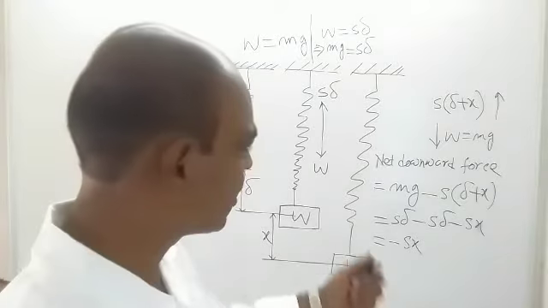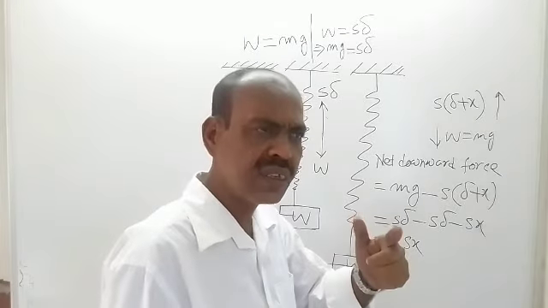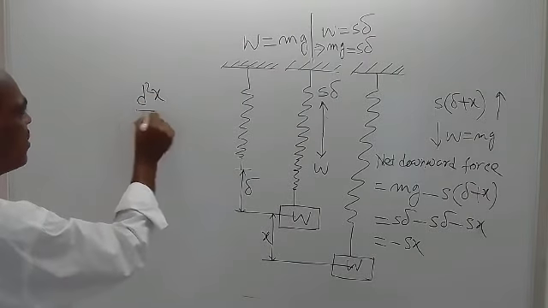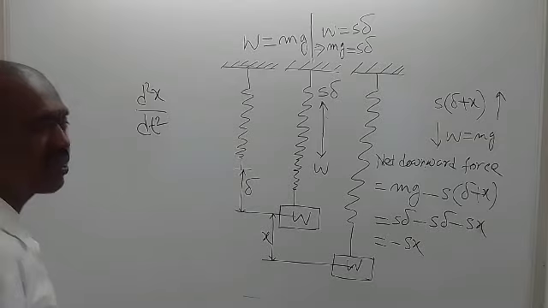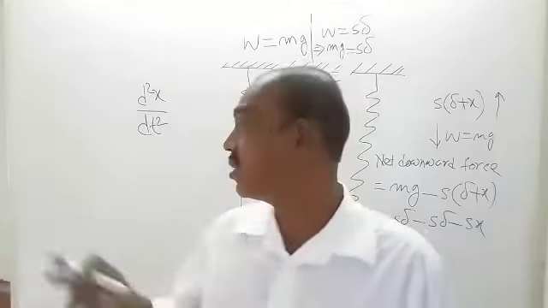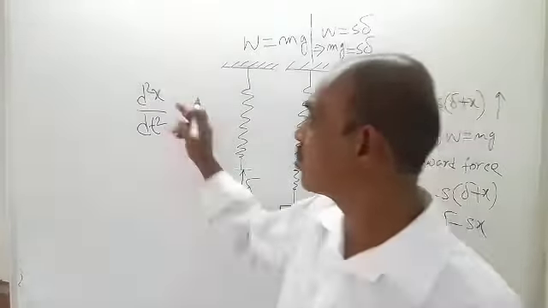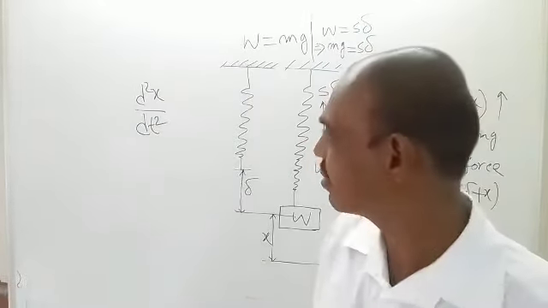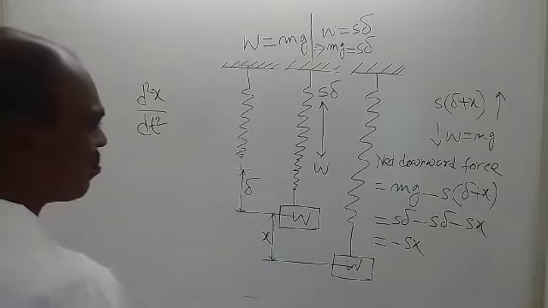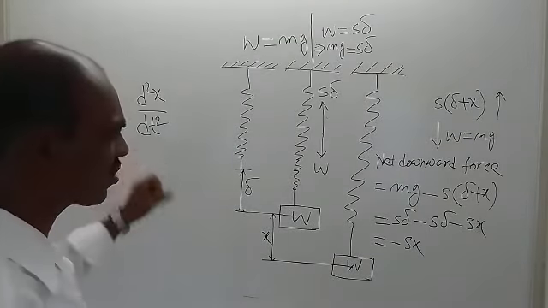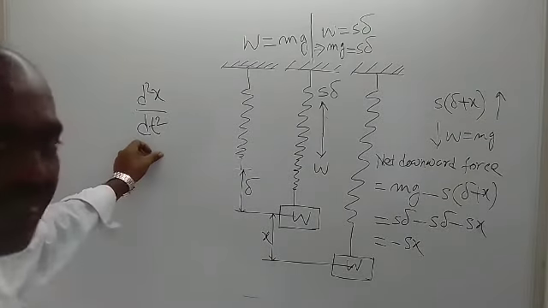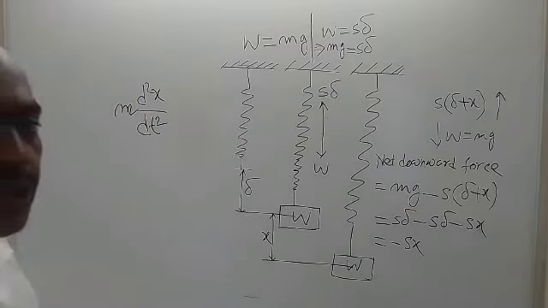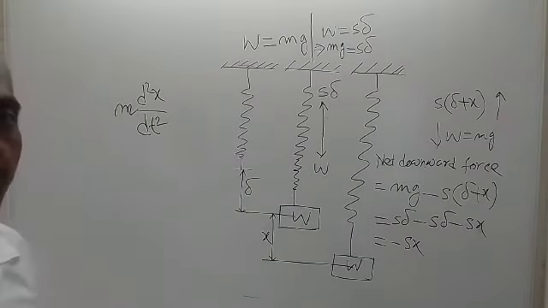Since X is the displacement, you know that d2x dt2, the second order derivative of the displacement with respect to time, where small t is time, is nothing but acceleration. This acceleration multiplied by mass, m into d2x dt2, becomes equal to force.